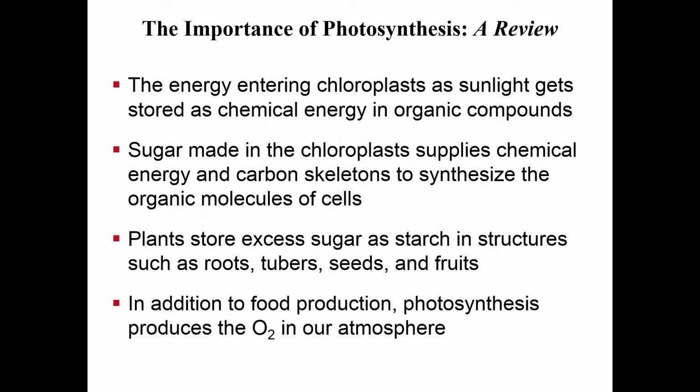Here our plants are capturing light energy from the sun and storing it as chemical energy in the form of sugars. Now, the sugars are mainly going to be sucrose. Glucose as well, but sucrose is the major sugar you find in plants.